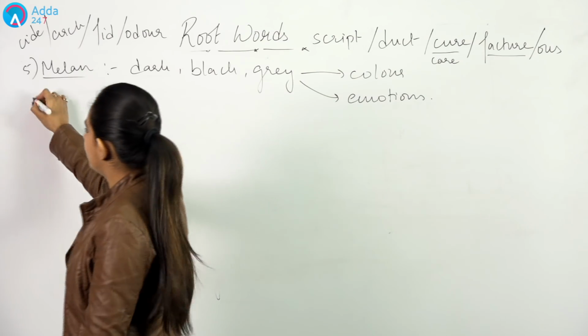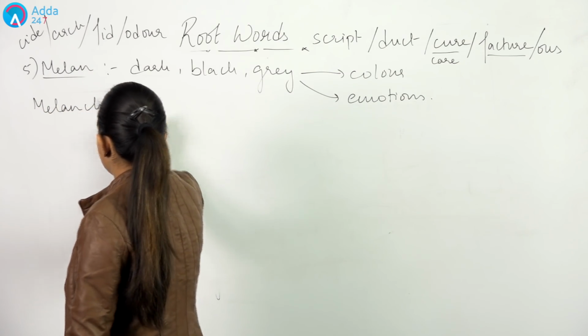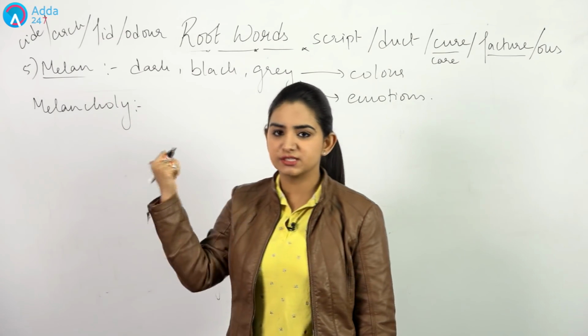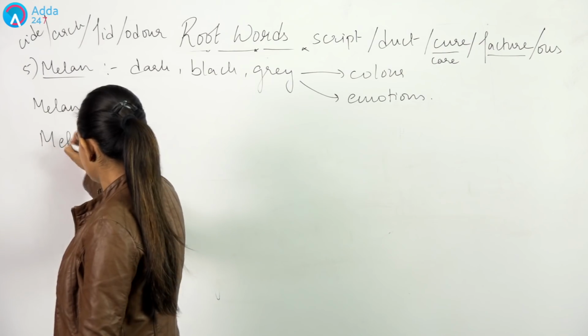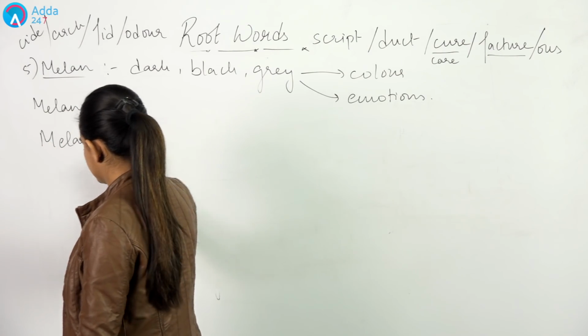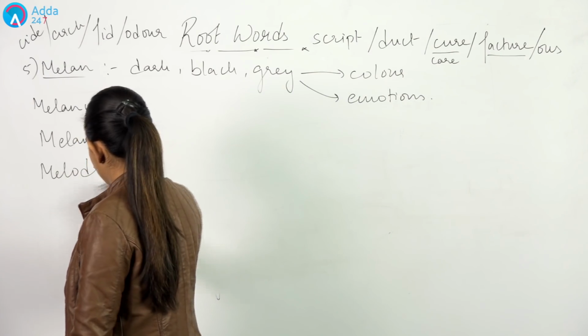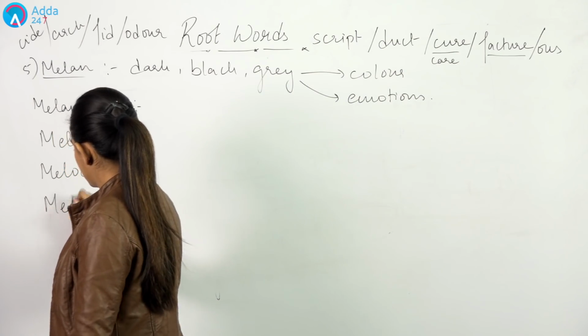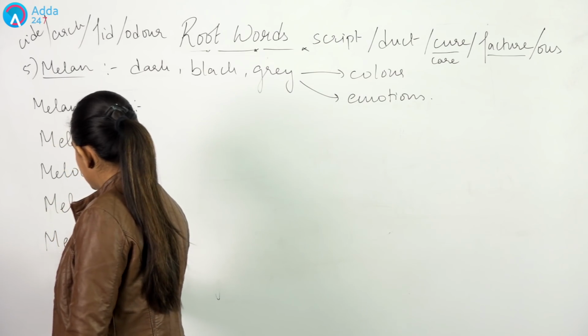So we have the word for it, and that is melancholy. See, we again have a word melancholia, that is a similar word to melancholy. We'll discuss it. Then we have melanoma, then melodrama, next word is melanin, and then we have melanize.